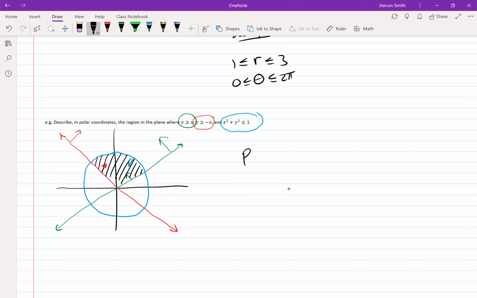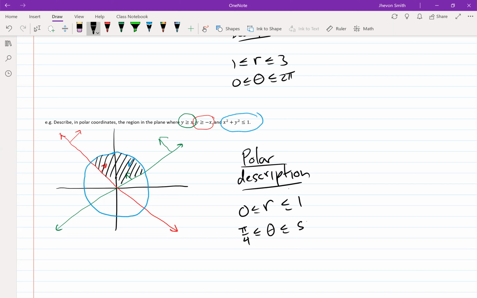What about polar coordinates? Again, simple. r goes from 0 to 1. Theta would go from pi over 4 to 3 pi over 4.